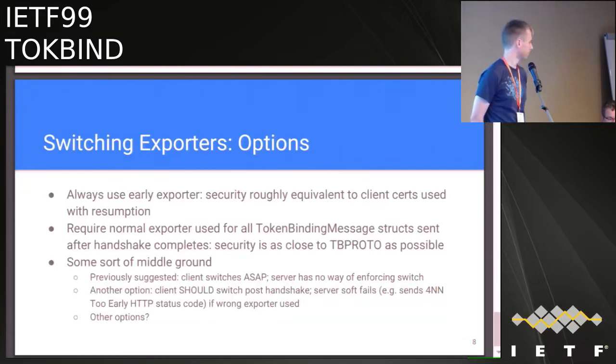So we have one security level using the 0 RTT exporter, which is equivalent to client certificates, and another using the 1 RTT exporter, which is better. Using the 1 RTT exporter is roughly equivalent to using a client certificate that you provided on this connection. This one is the client certificate was provided on the previous connection.